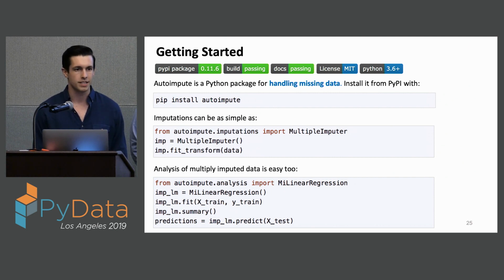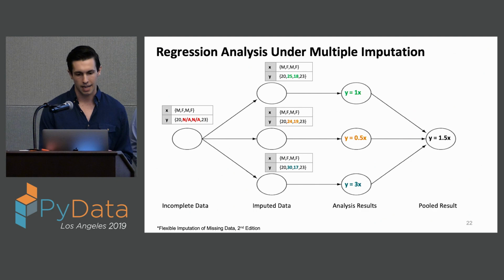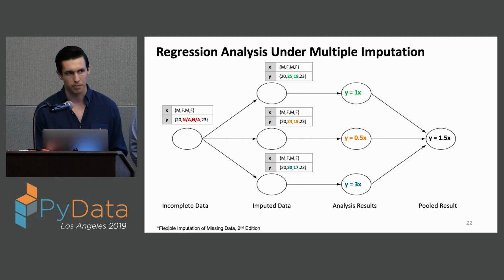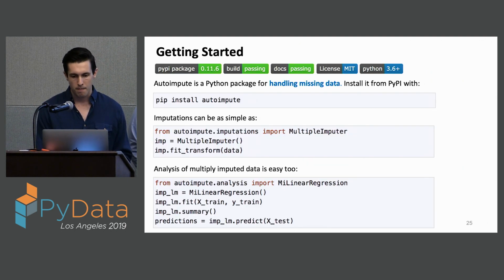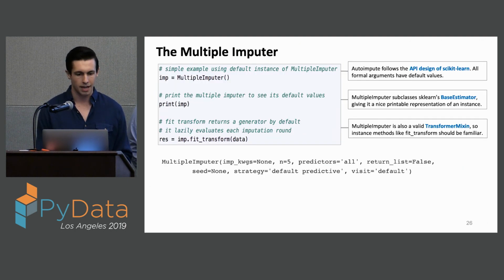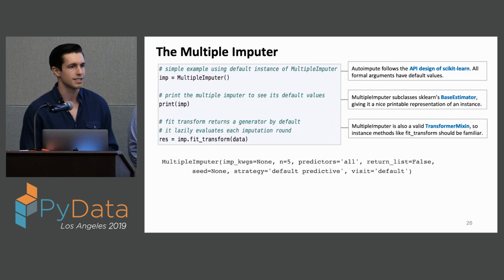So the heart of this is really the multiple imputer. The MI linear regression model, as we saw a couple of slides ago, actually just uses a multiple imputer under the hood before pooling estimates and spitting out a final regression model. But looking at the multiple imputer itself, a few things I just mentioned: same design as scikit-learn. So, creating an instance of the multiple imputer class is pretty straightforward.